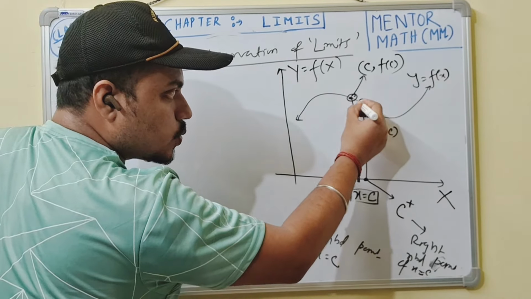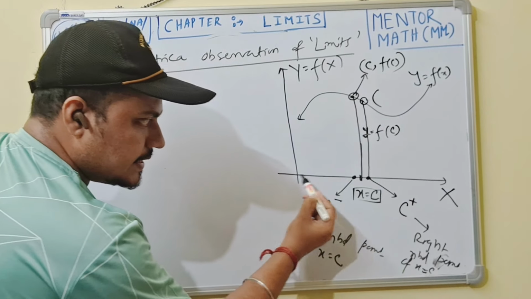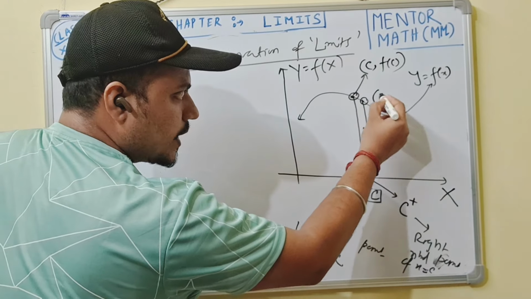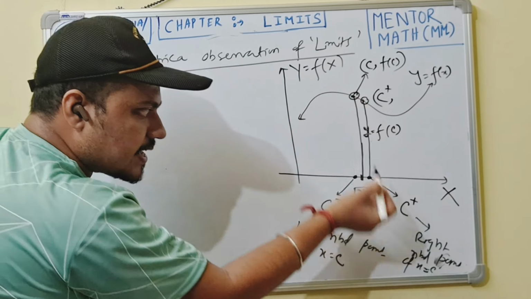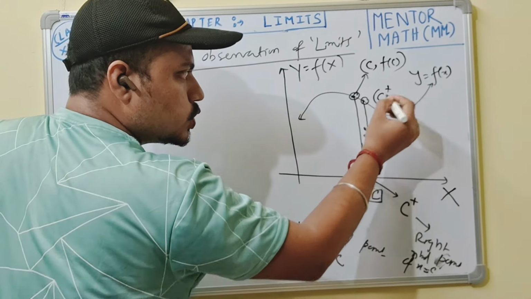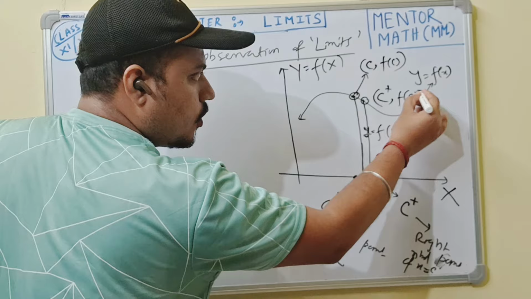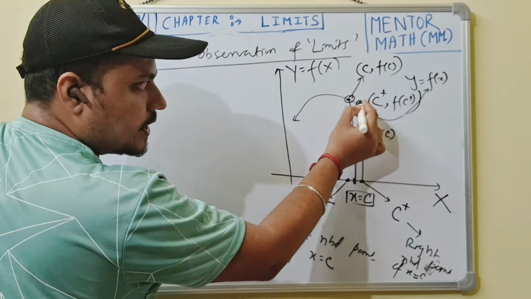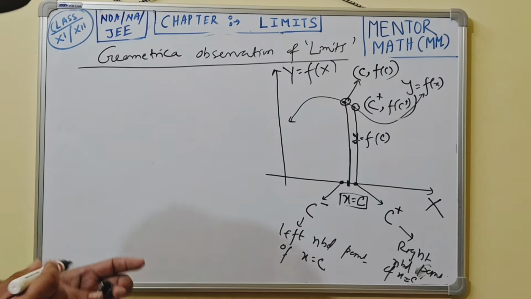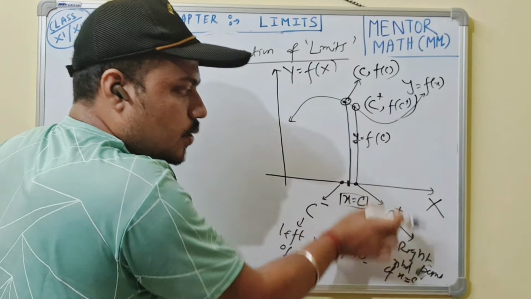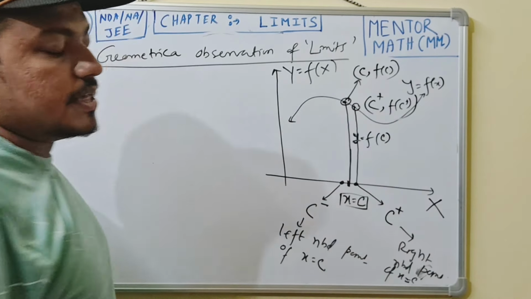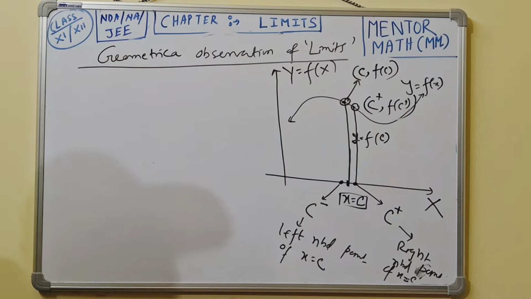What about this coordinate? Basically this distance is c plus, so the x coordinate is c plus, and this is your y distance. If I substitute that value here, you get f of c plus. So that is the coordinate of that particular neighbor point of c, that is c plus. So what is the coordinate? That is c plus comma f of c plus.